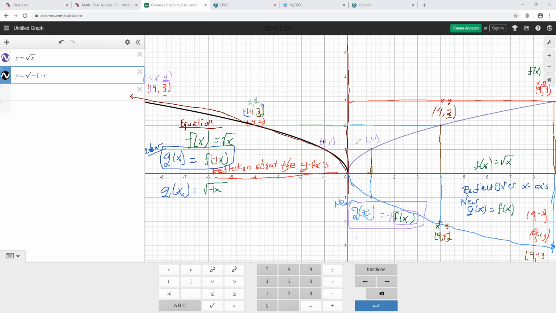So in this case, g of x, this is one way to write it: -1 multiplied by the original parent function, which on this one is the square root of x.